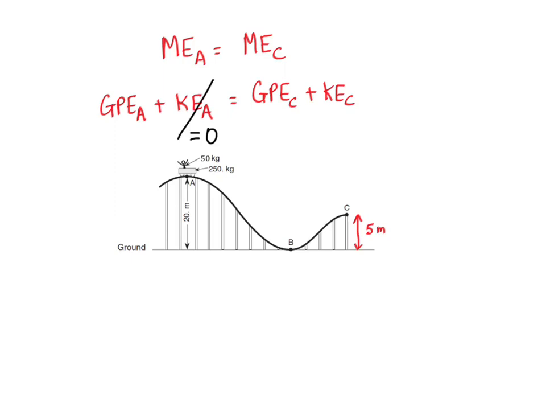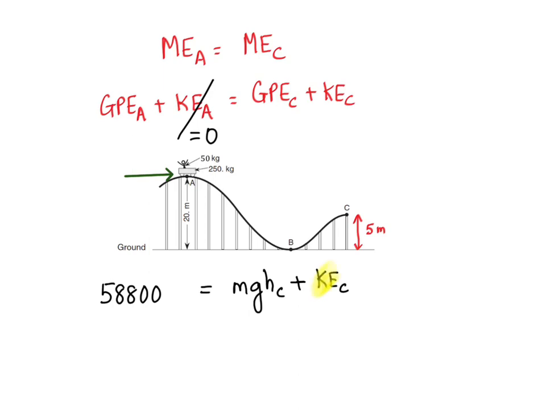Now, obviously kinetic energy at A is equal to 0 because at this point the car is at rest. And GPEA we calculated in part A, we can substitute that, which is equal to mgHC. So we are substituting GPE with its formula, but we are keeping kinetic energy as it is.